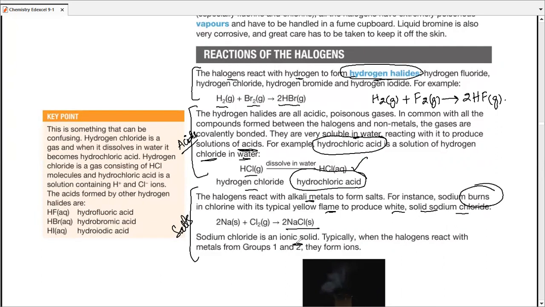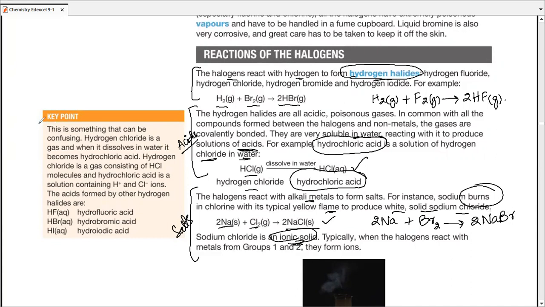It's an ionic solid, which means every time they react with a metal, they're going to form an ionic solid, no matter which halogen we are talking about. So if we're forming white sodium chloride, there would be a similar reaction with bromine, and it would form sodium bromide. I hope this naming pattern gives you the idea how we name them.